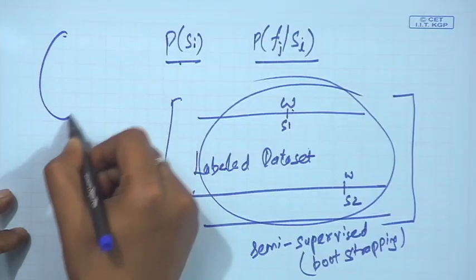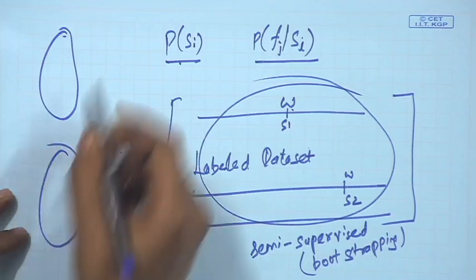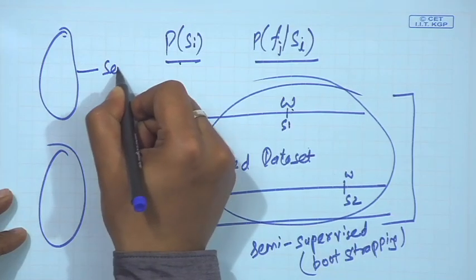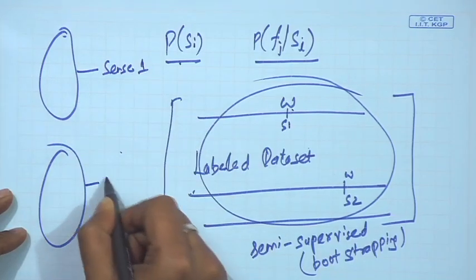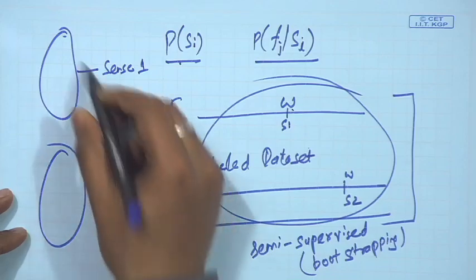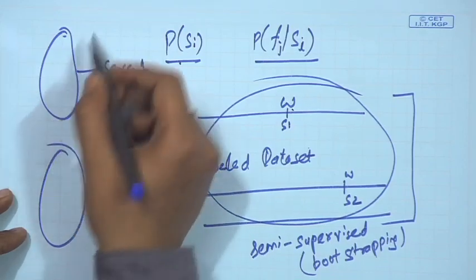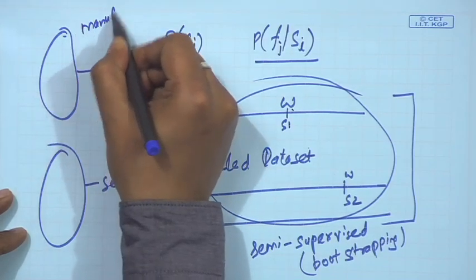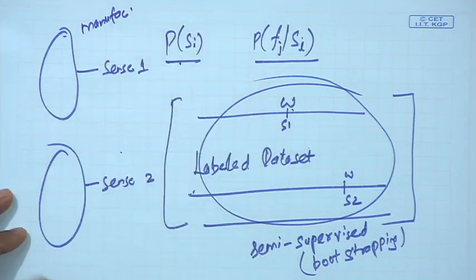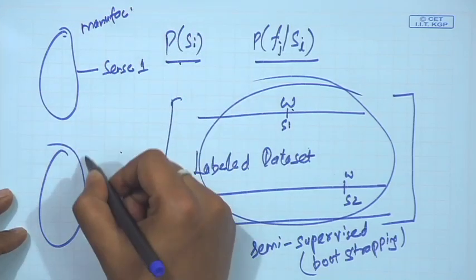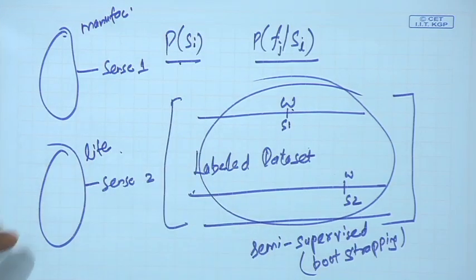From my corpus, I would have labeled some sentences with sense 1 and sense 2. These are all the sentences where the word plant occurs with manufacturing, and these are all the sentences where the word plant occurs with life.